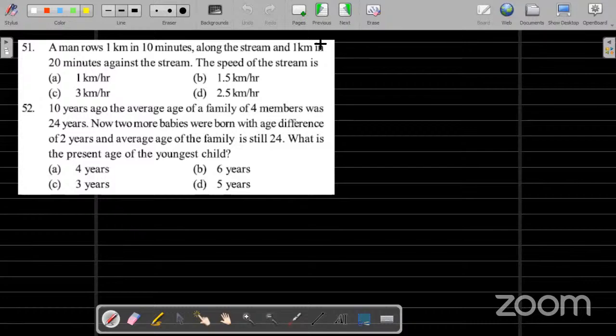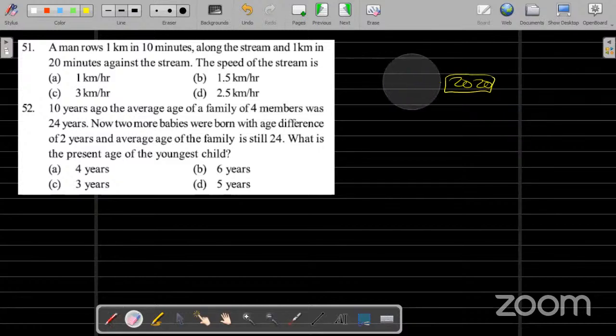Next, we are coming back again to quantitative ability. So far we were discussing AFCAT 2020 memory-based questions. Now we are looking at AFCAT 2017 memory-based questions.